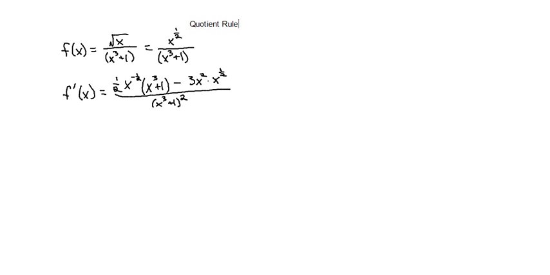So if you want to take a look at what we just did there in rule form, f prime of x equals the first term, x to the 1/2, the top, and we took the derivative of it. Multiply that by the bottom, x to the third plus 1.